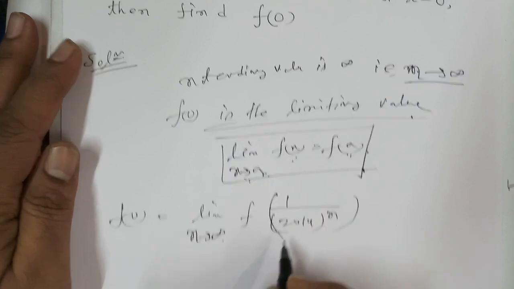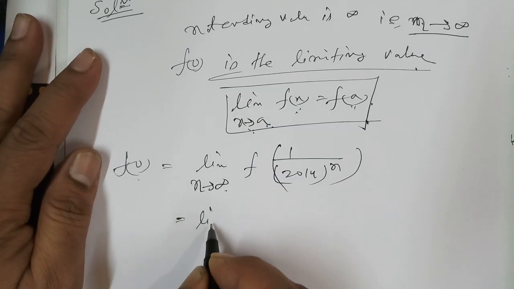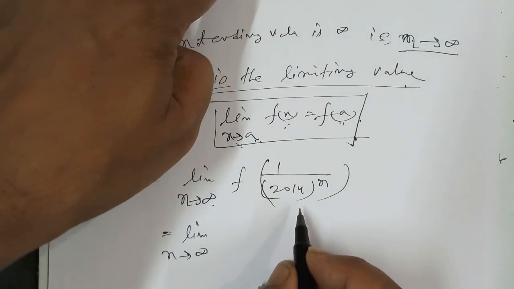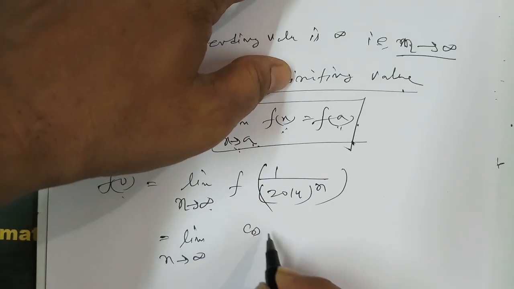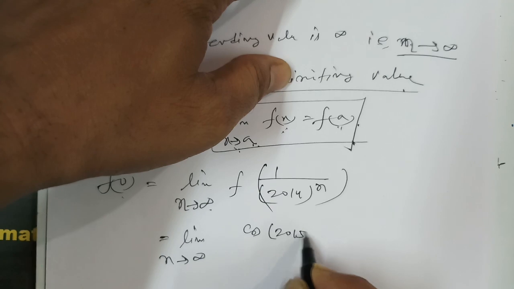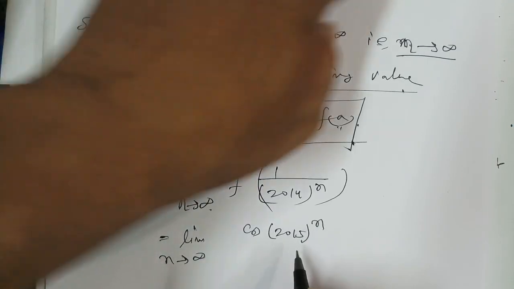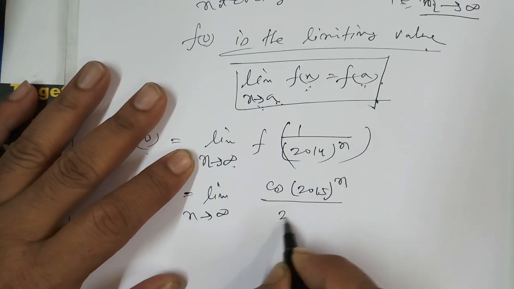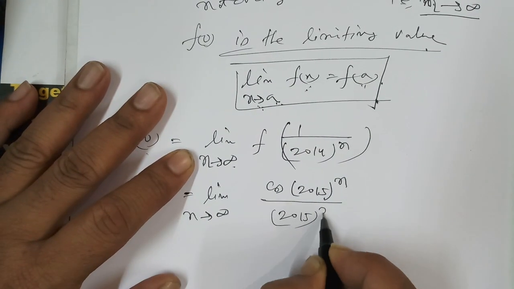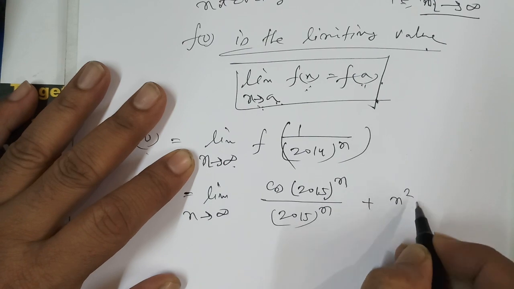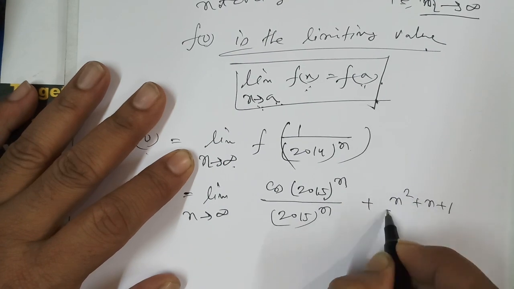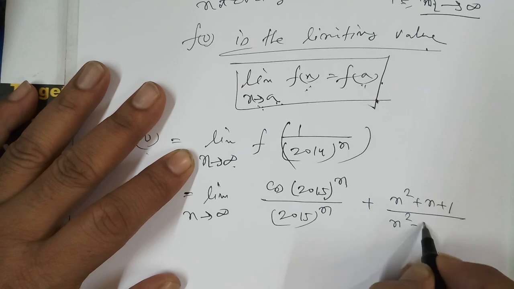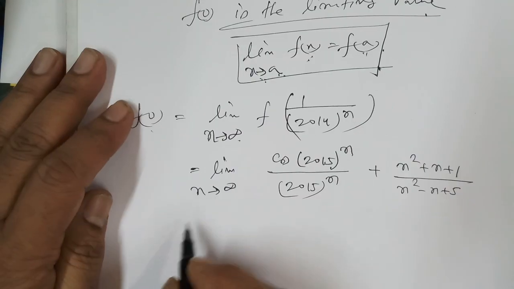This will be the limit as n tends to infinity of cos of 2015 whole power n multiplied by 2015 whole power minus n, that is, in the denominator, plus (n square plus n plus 1) upon (n square minus n plus 5).